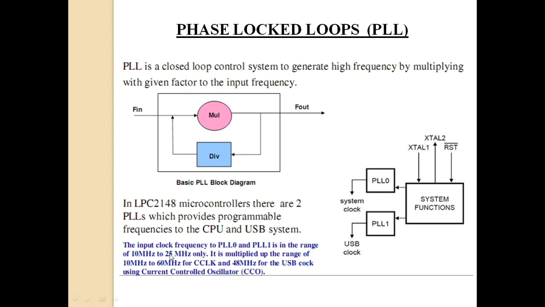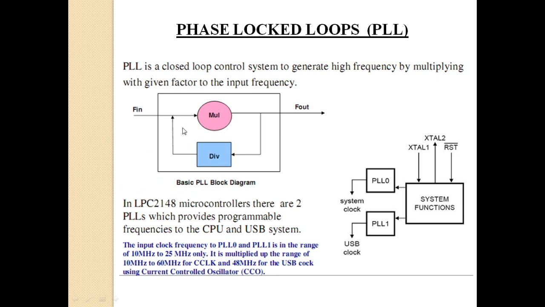This can be multiplied to a maximum of 60 megahertz. So if you give 12 megahertz, you can multiply it to a maximum of 60 megahertz. The maximum frequency output will be 60 megahertz, the maximum frequency input will be 25 megahertz, and for the USB clock it will be fixed at 48 megahertz, right?